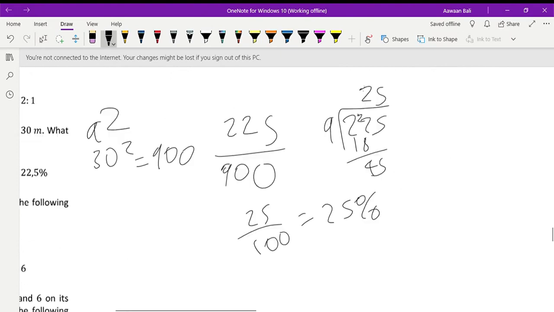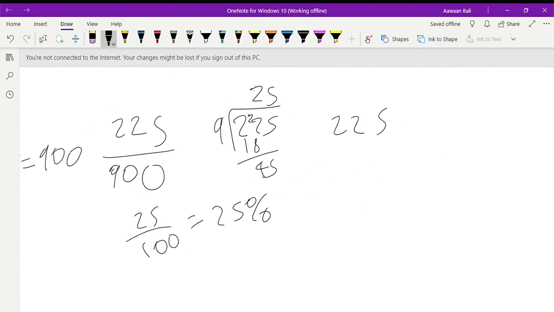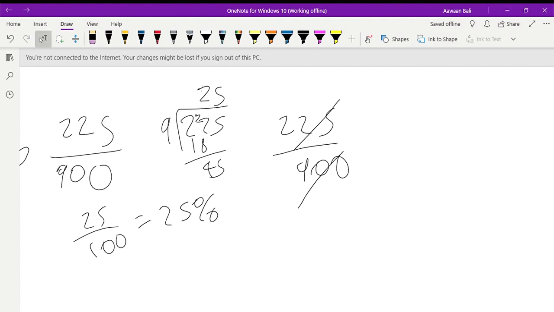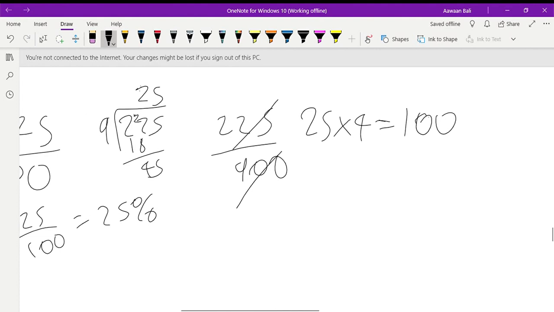Another way you can do is that you can simplify. So we know these are both divisible by 25, and since every fourth multiple of 25 is a multiple of 100, we can find out 900 easily.